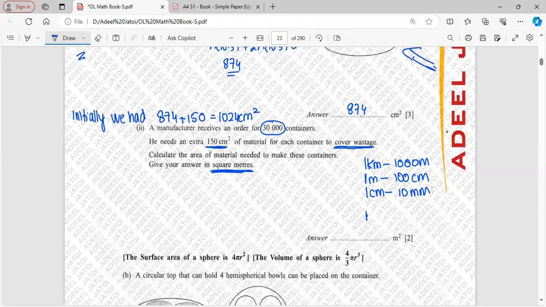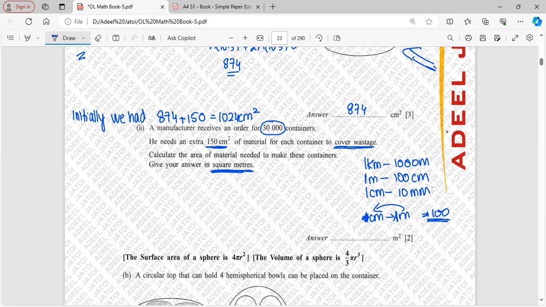So when we are talking about centimeter being converted to meter, this means 100. When meter is converted to centimeter, 1 meter is equal to 100 centimeter.